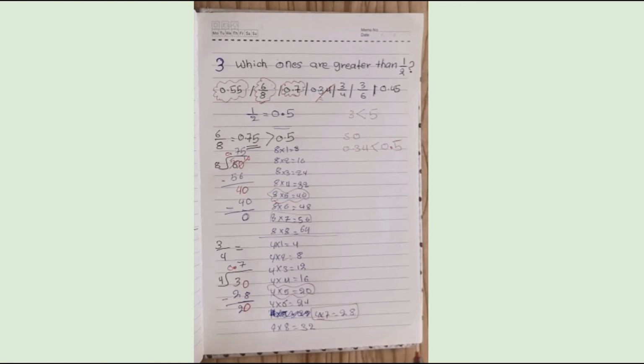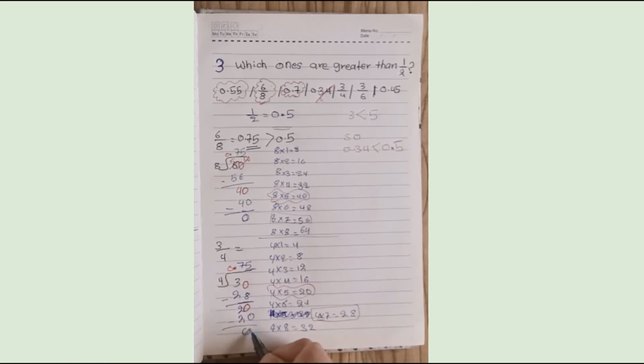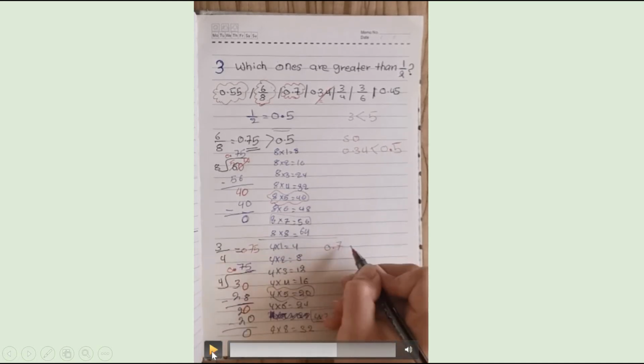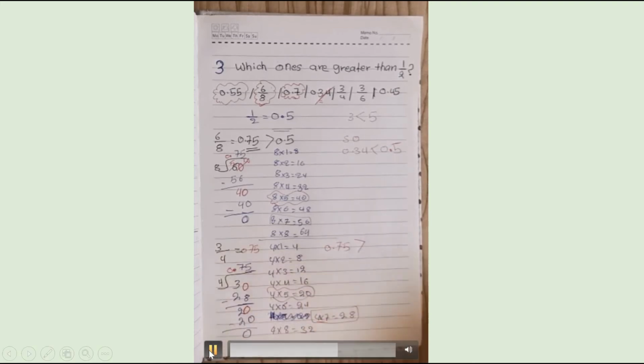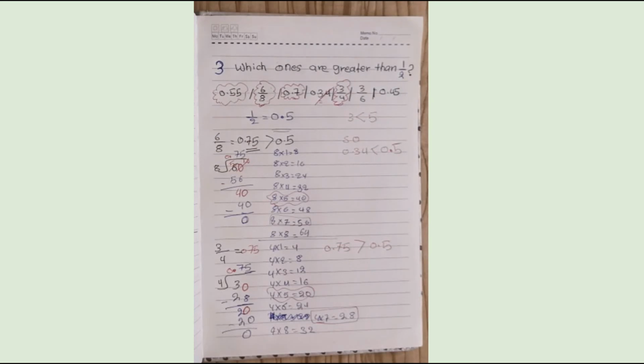Now, we need to find a number in the multiples of 4 that if we multiply 4 by it, we get 20. 5 times 4 is 20. 20 minus 20 is 0, and our work is complete. So 3 out of 4 equals 0.75. Now again, 0.75 is bigger than 0.5, so we are picking that as one of the ones that are greater than 0.5.